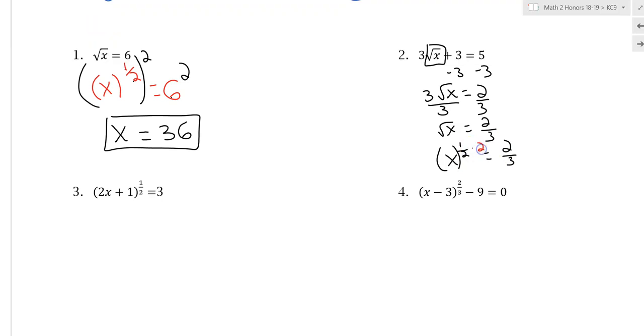And then, right, we want to get rid of that 1/2. So we have x equals 2/3 squared. Now I am squaring that whole thing. And if we square 2/3, it is 4/9. Fractions square just like the number. So 2 squared is 4, 3 squared is 9. So the fraction you can square it in pieces, and that's how it works. Okay. So x equals 4/9.